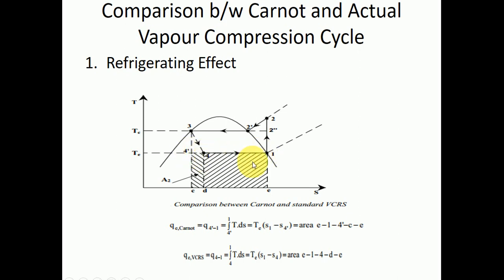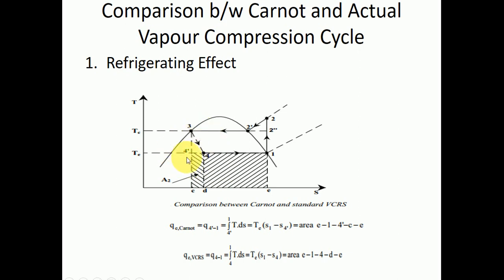From 1 to 4 in the actual cycle, we have taken heat from the environment, and from 1 to 4 dash there is a bit of a difference, that is 4 dash to 4, which is taken by the Carnot cycle. So in the actual cycle the refrigerating effect is decreased, and in the Carnot cycle we have a little increase in the refrigerating effect.